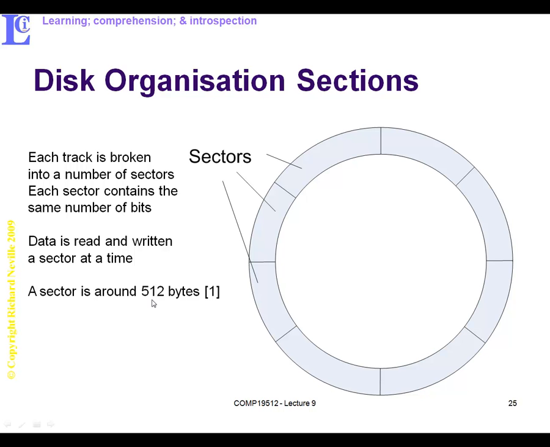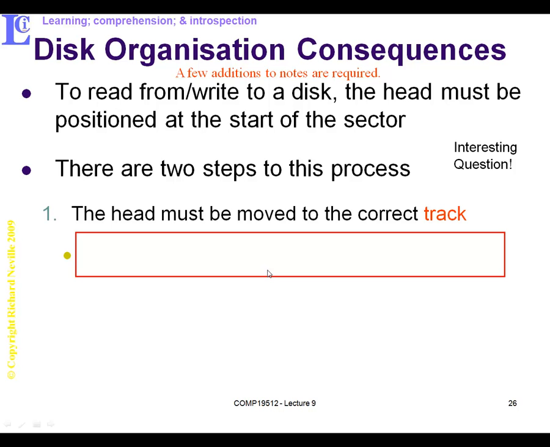Each sector is normally 512 bytes. And you can read or write to specific sectors on specific tracks. Once the disk has been initially formatted, there will be addresses for each track with a specific sector for data.